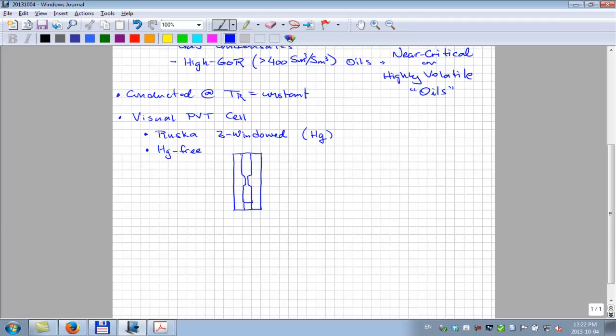And then you've got a piston system that you can move, up and down, the bottom and the top. What you're trying to do is change the volume, but you're also trying to get the interface of what would be the oil and gas interface so that you see it.